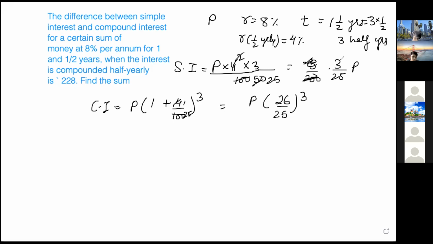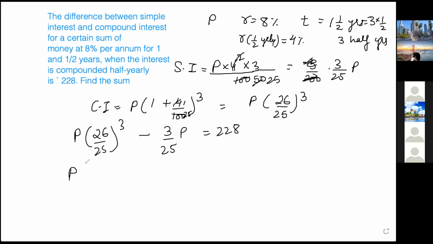Okay. Now the question is, the difference is 228 when the interest is compounded half yearly. So we have to find the difference. Which one will be bigger? CI will be bigger. So the difference is P into (26 by 25) whole cube minus 3 by 25P is equal to 228. This is according to the question.